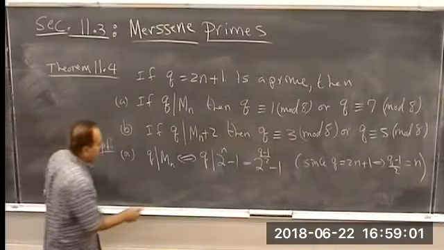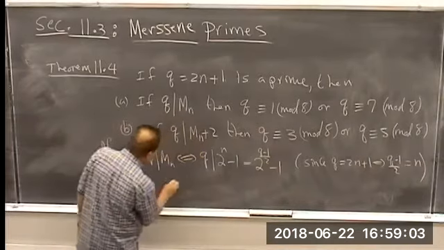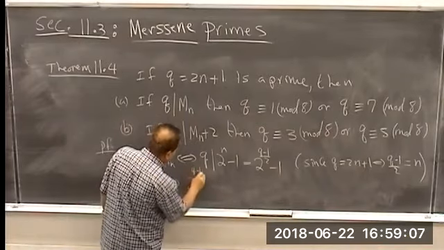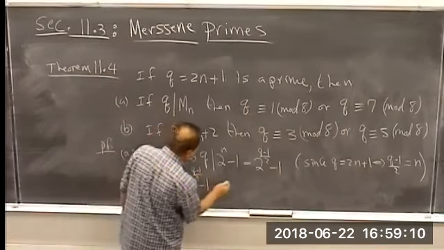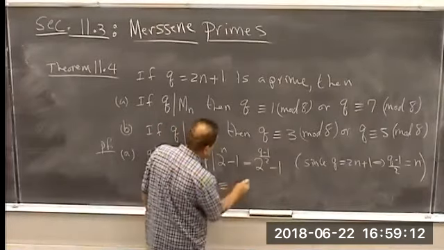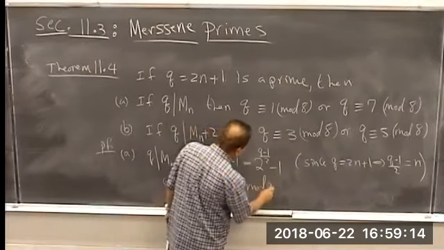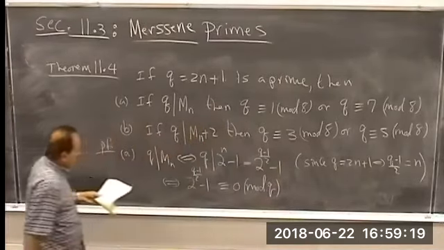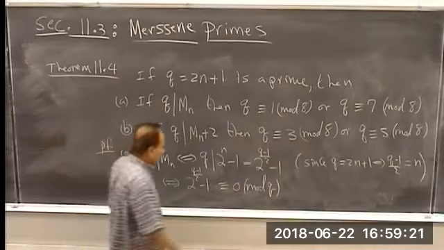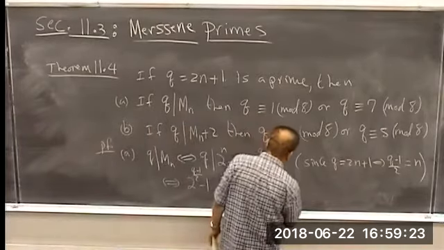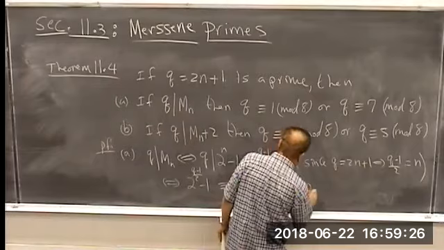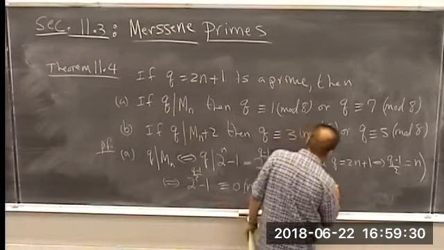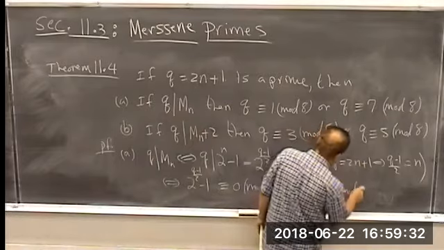And this is equivalent to saying that 2^((Q minus 1)/2) minus 1 is congruent to 0 mod Q, and also that 2^((Q minus 1)/2) is congruent to 1 mod Q.